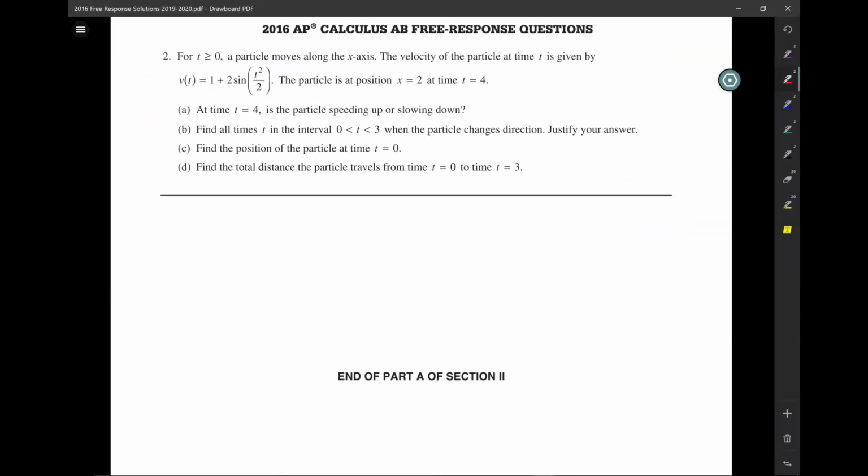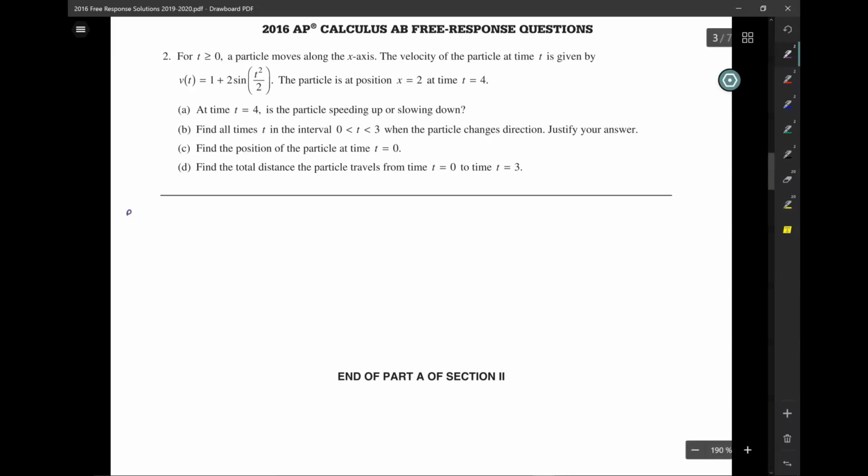You have a particle along the line. The velocity is given. It's a cute little sine equation. And we're given the position. Okay, so this one was interesting again, and I'll tell you why. So, for part A, is the particle speeding up or slowing down?